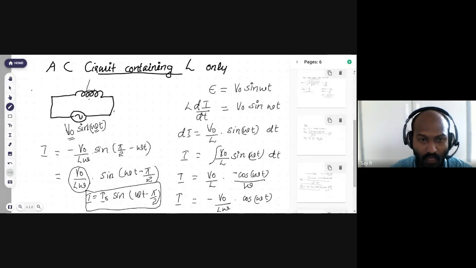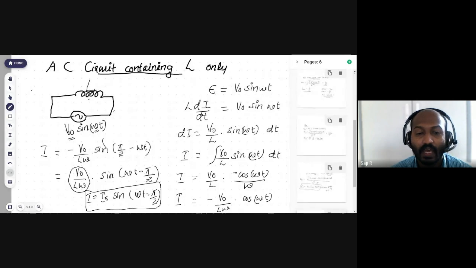One is that the phase of voltage is omega t, and the phase of current was found to be omega t minus pi by 2. That means the voltage and current are not in the same phase.